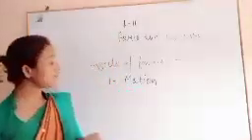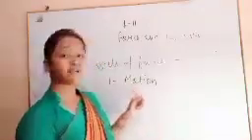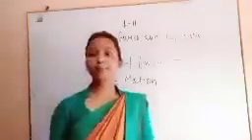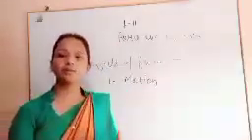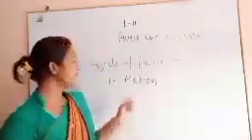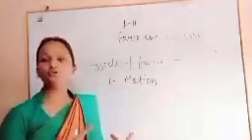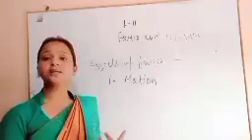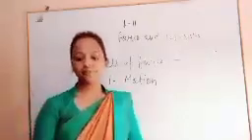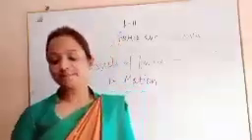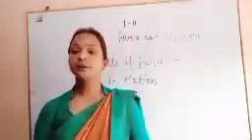So force can cause motion in a stationary object, because if any object is there and you apply some kind of force, then it will lead to motion. When a force is applied on a stationary object, it can make it move.